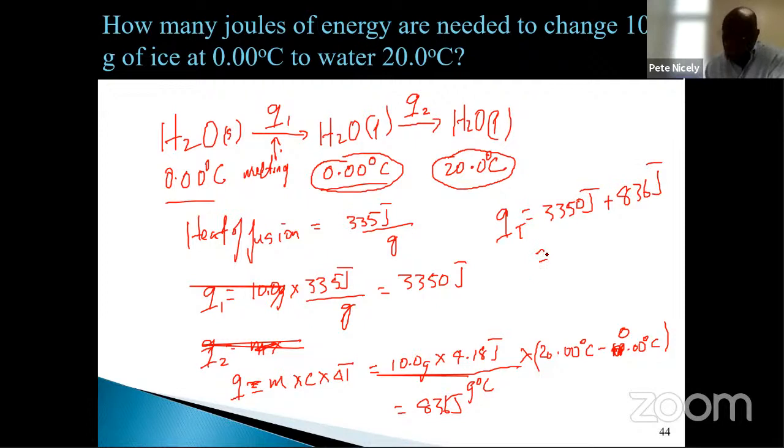So that plus 3350, according to my calculations, we have to round off to 4190, because the highest decimal place is the 10th place. So this would be 4,190 joules. And that would be the answer for this particular question.